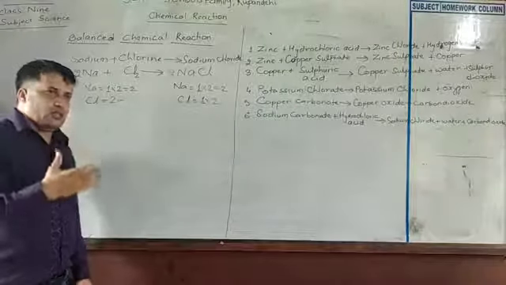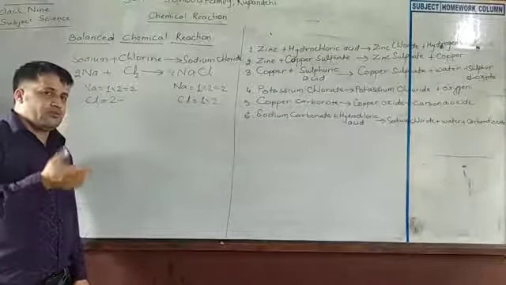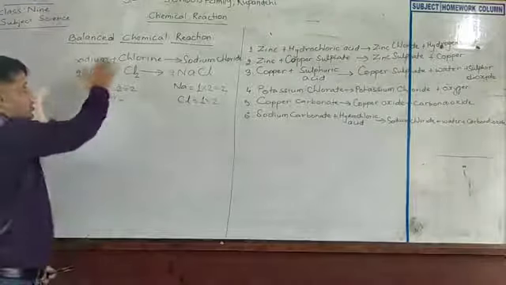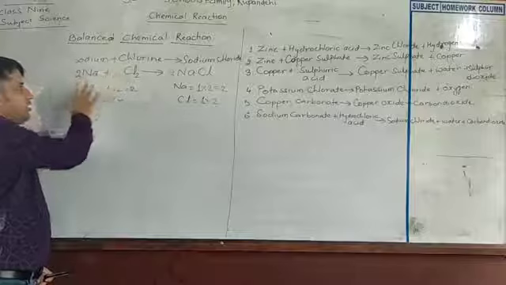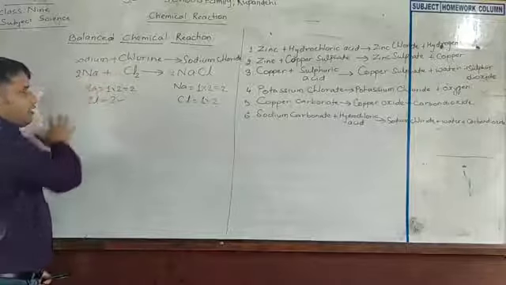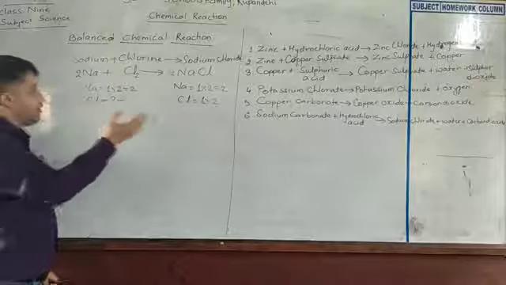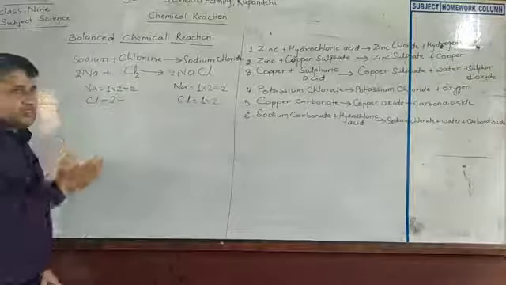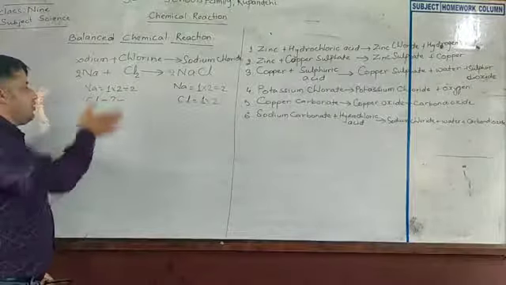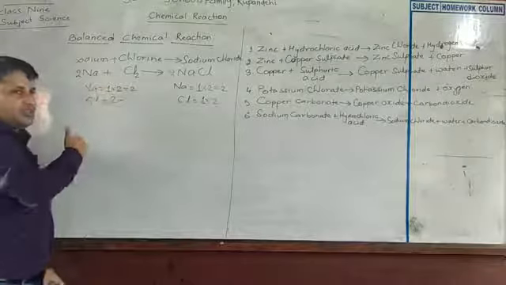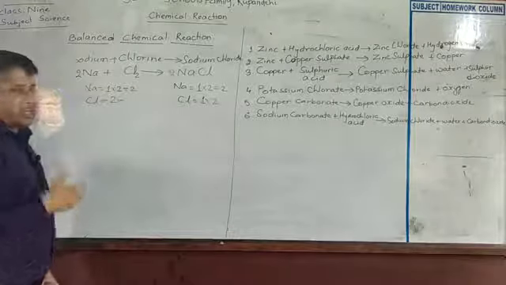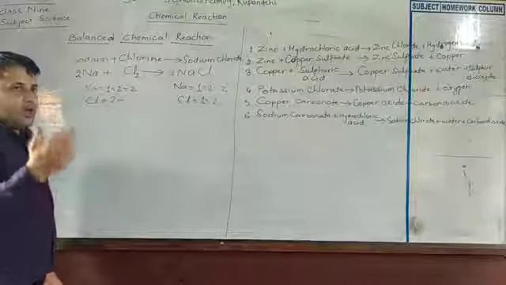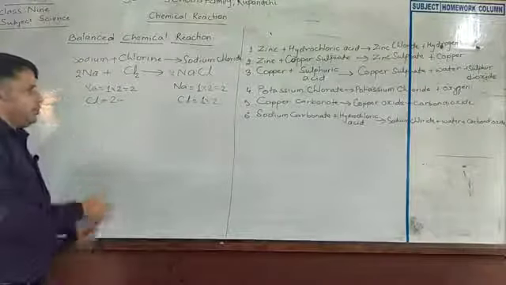Okay. So in this way, first of all, what do we have to do? Write the word equation. Second step, the formula equation. Then we have to count the number of atoms of each element in the reactants and the products. Once we see that the number of each atom on the reactant and product side is not equal, then we have to multiply the coefficient by a particular number and we will try it.